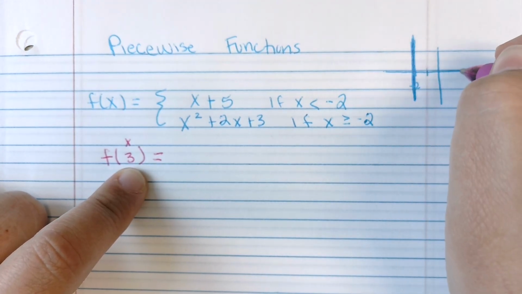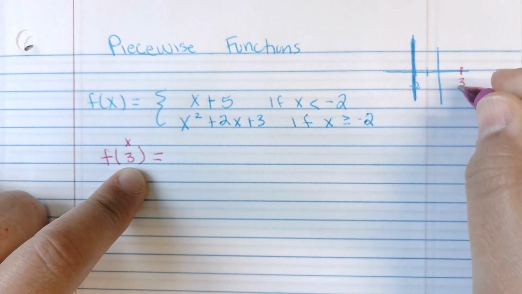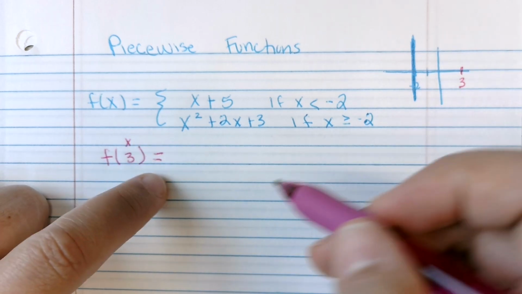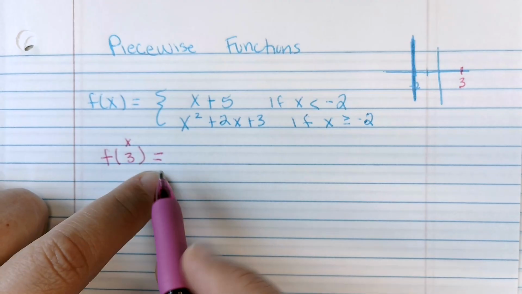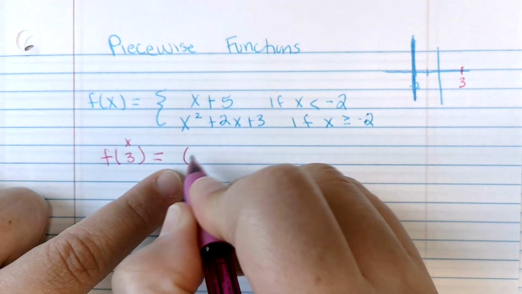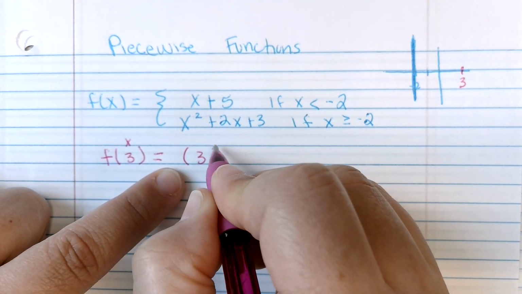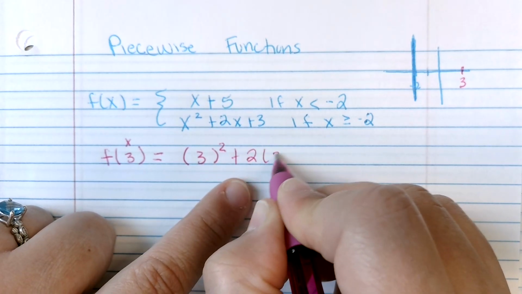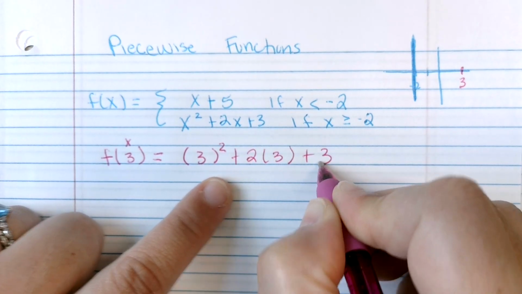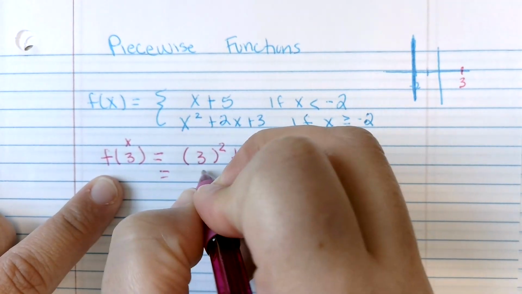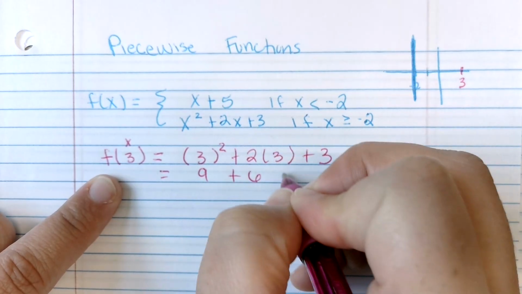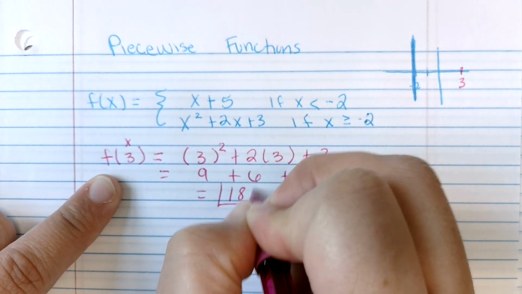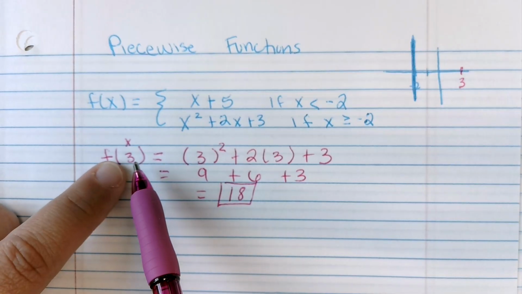Well, on my little sketch over here, 3 is over here, so we're going to use the second equation to evaluate f of 3. So I'm going to plug in 3 to this equation right here, which gives me 3 squared plus 2 times 3 plus 3, that is 9 plus 6 plus 3, which is 9 plus 9, which is 18.